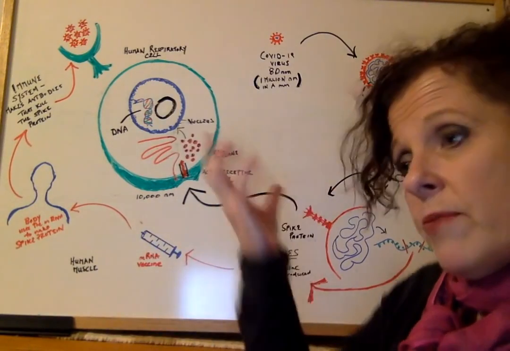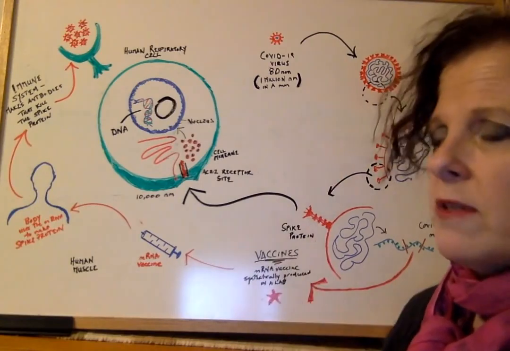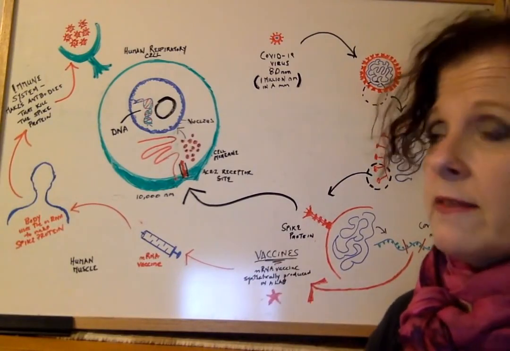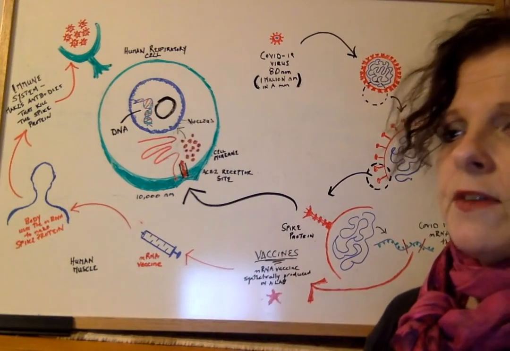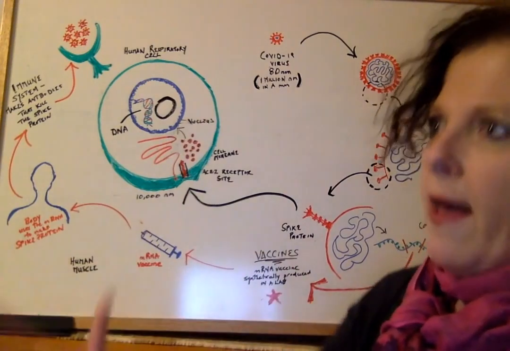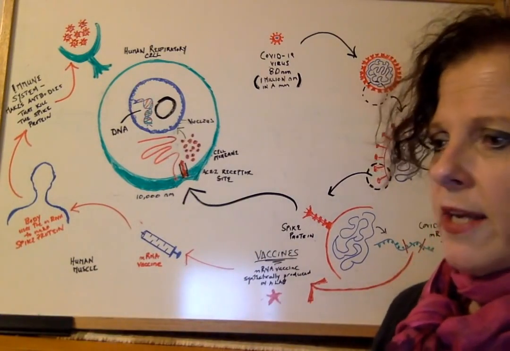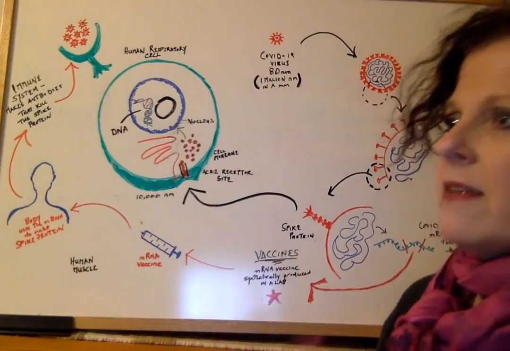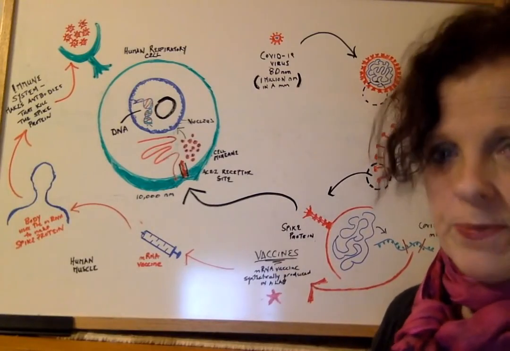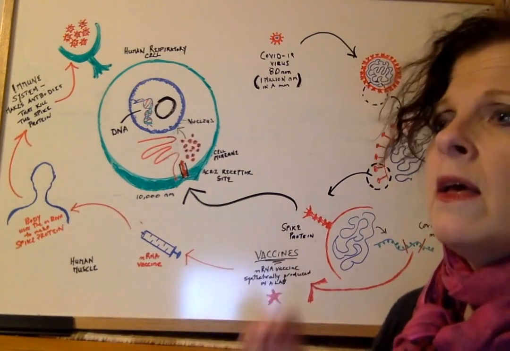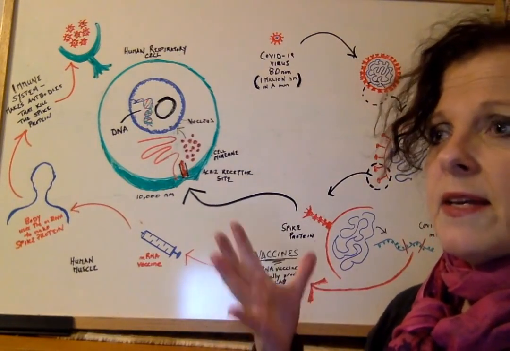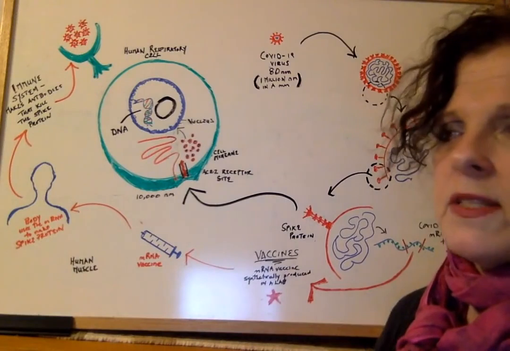Cells in the brain are brain cells, and they provide function to the brain. Cells in the heart are heart cells, I'm simplifying, and they allow the heart to function so you can have your blood beating around your body. Cells in the skin are skin cells, and cells in the lungs are lung cells or respiratory cells, and that's the main cell that COVID-19 has an effect on, where it does most of its damage.